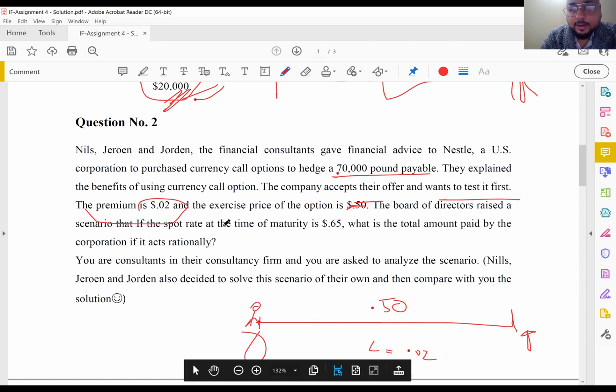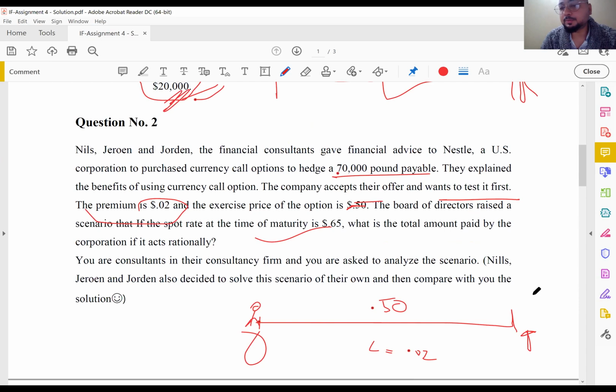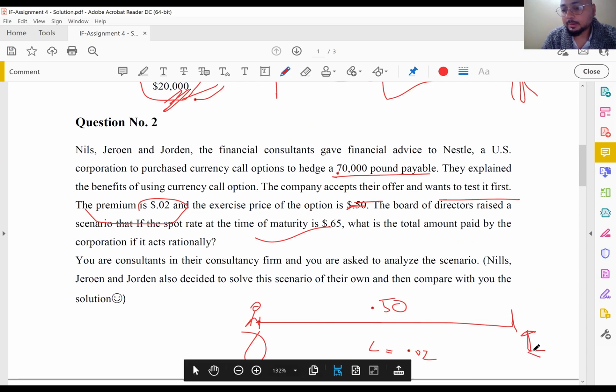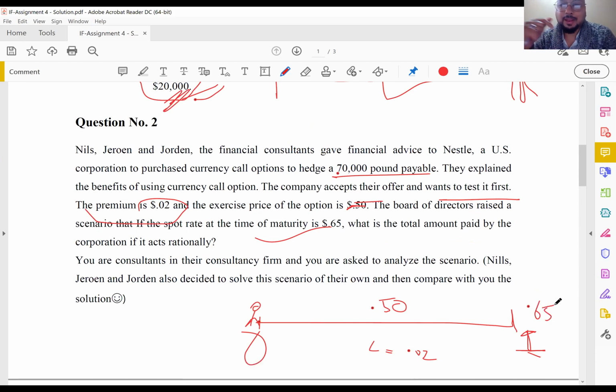So if the spot rate at the time of maturity is 0.65, and you are paying, right? So is it a benefit or a loss? It would be a benefit to exercise the call option. Why? Because if you buy from the market when the spot rate is about 0.65, the pound is expensive, right?